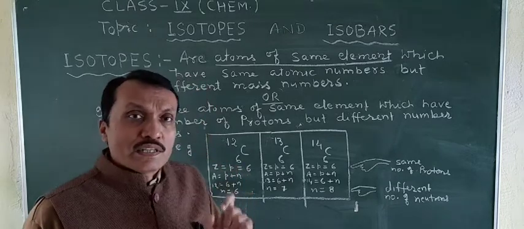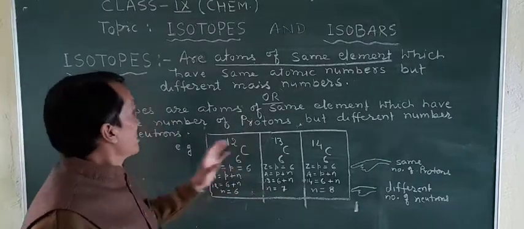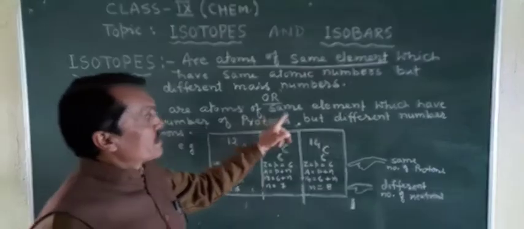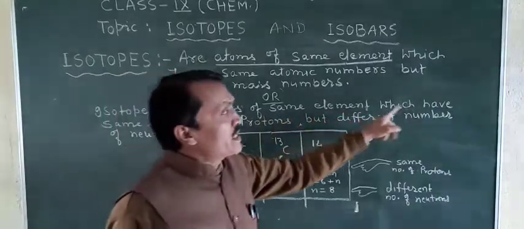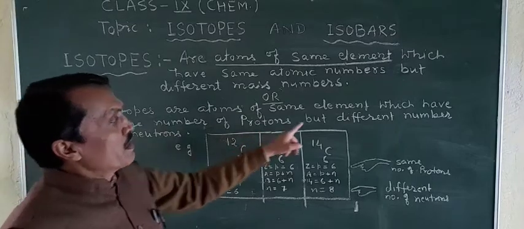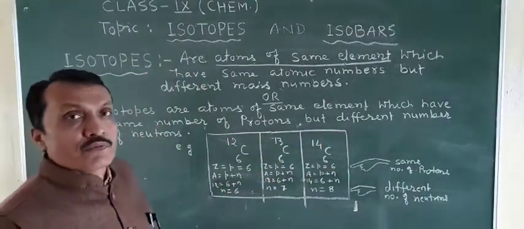So another definition you can say here: isotopes are atoms of the same element which have the same number of protons but different number of neutrons.